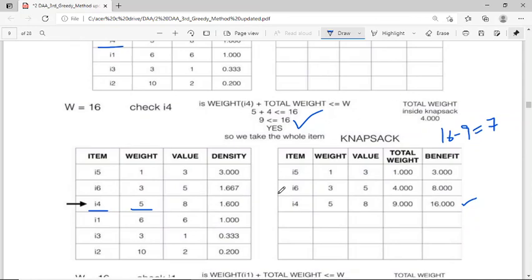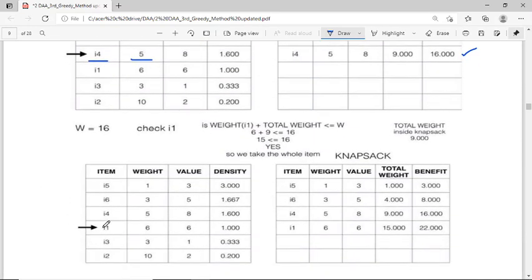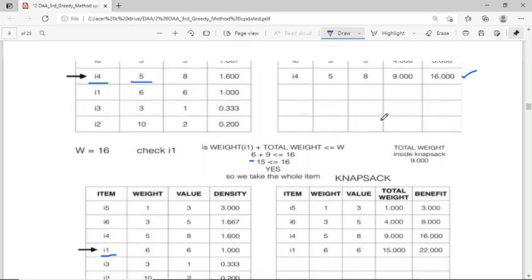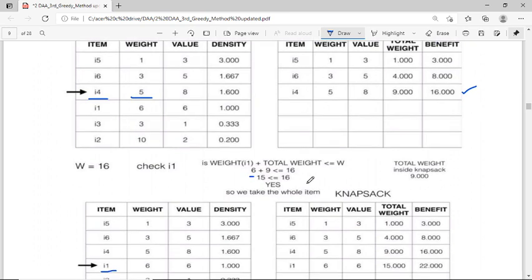Okay, next. In the same way, we are taking I5, I1. For I1, the weight is 6 and the total weight is 9. So 6 plus 9 is 15. 15 less than 16?